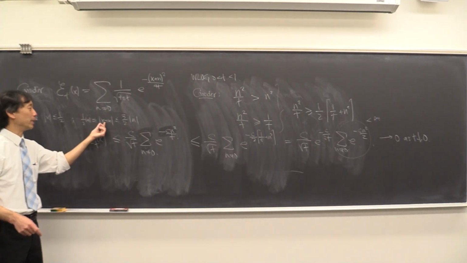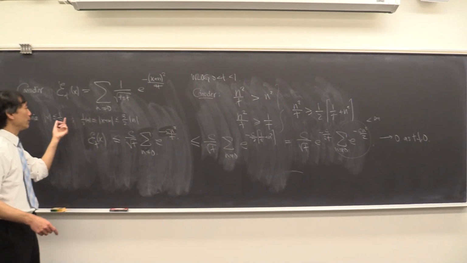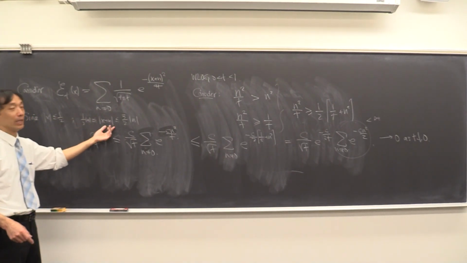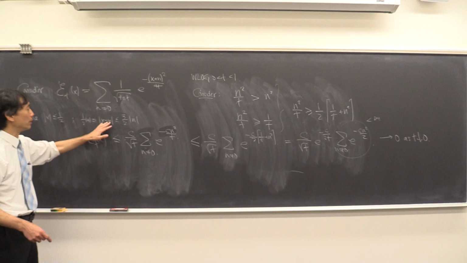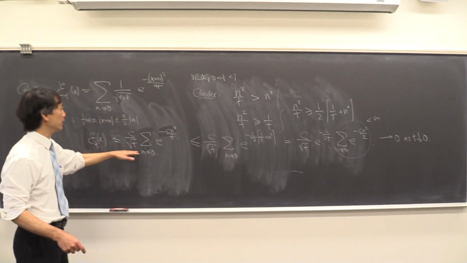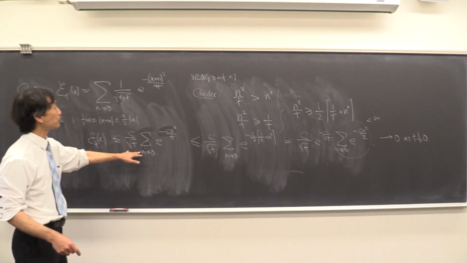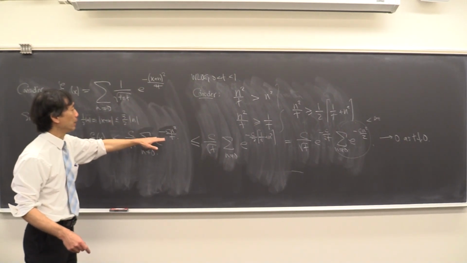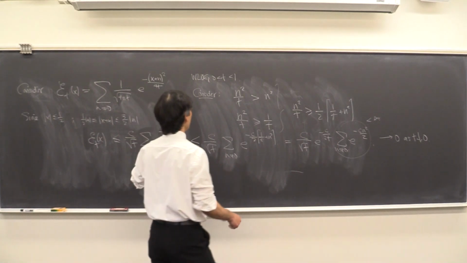You can ignore the x because it's smaller than half of n. So adding it on doesn't really change n. Now we've got this expression, we can get rid of the x, and then at this point you play this trick.